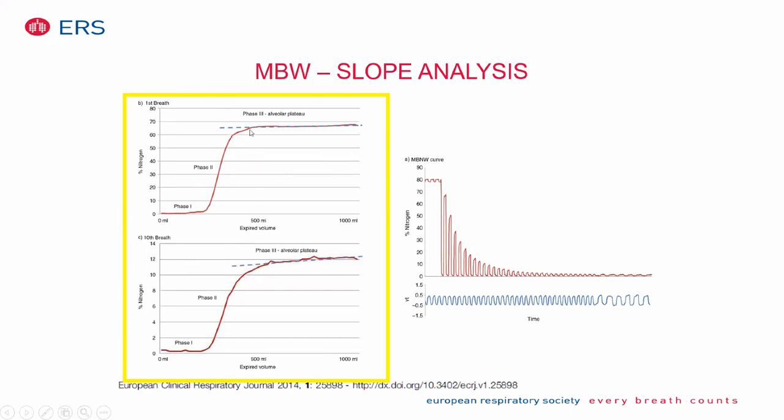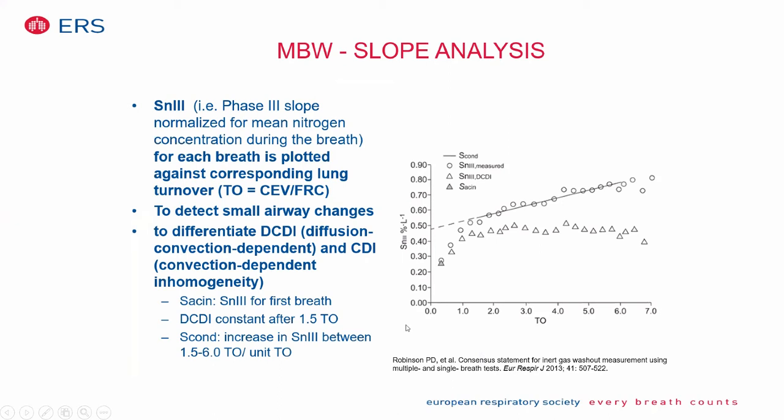Here you have a phase 3 slope of the very first breath of a washout, and here you've got a phase 3 slope towards the end of the washout at the 10th breath, and you see that the initial phase 3 slope is less steep, or there is an increasing slope as washout continues because you reach more and more peripheral airways and there is more and more ventilation inhomogeneity.